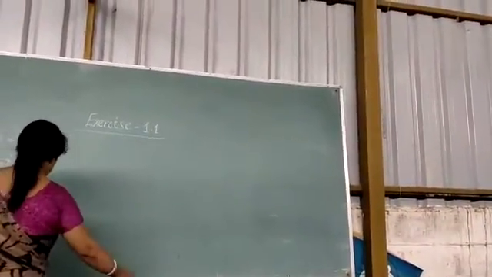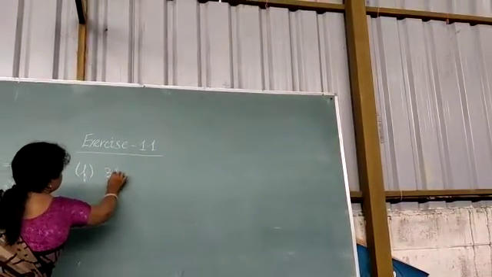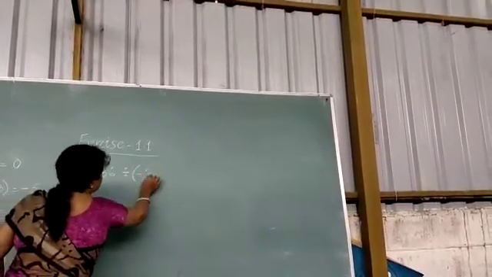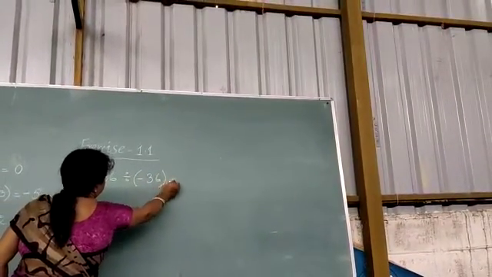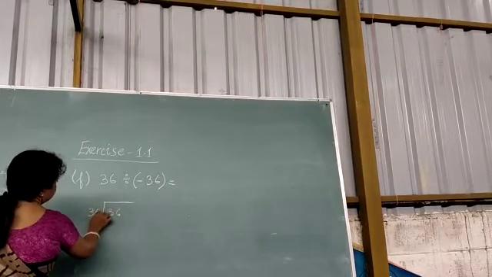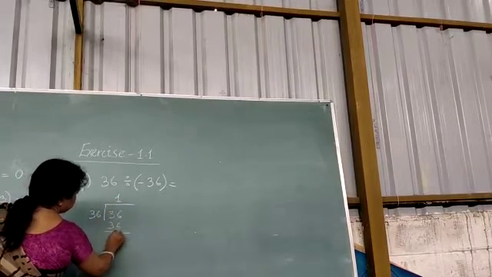Next we come to number F. What is there in F? F is given as 36 divided by minus 36. Right? So what will be the answer? Let us divide and see. 36 divided by 36, 36 ones are 36.